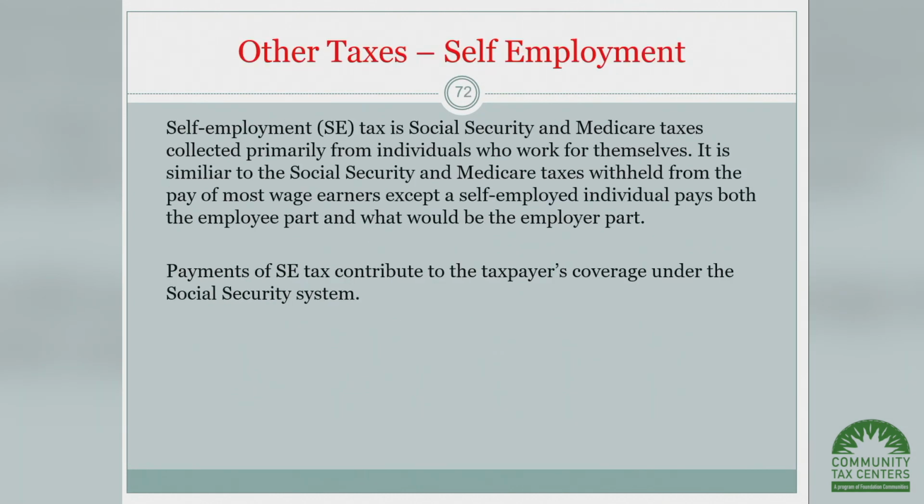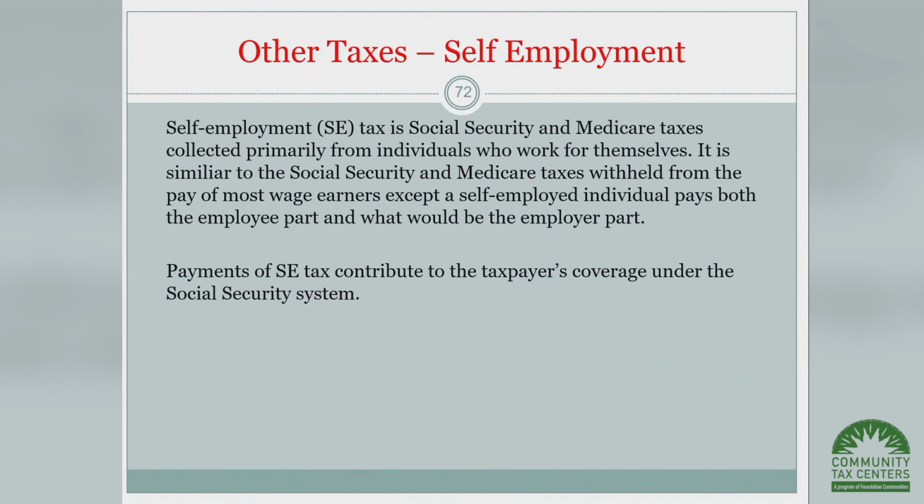So the self-employment tax, this is a big one. This is where the liabilities come into play. The self-employment tax is the Social Security and Medicare taxes collected primarily from individuals who work for themselves. It is similar to the Social Security and Medicare taxes from the pay of most wage earners, except a self-employed individual pays both the employee part and the employer part.